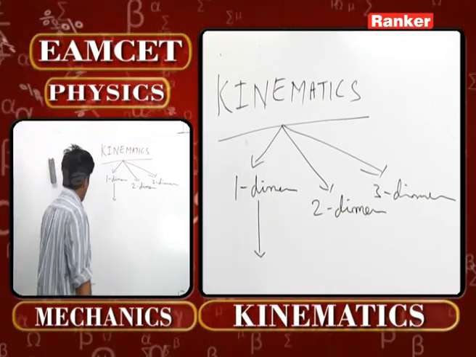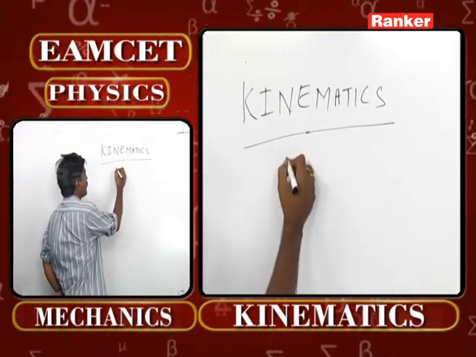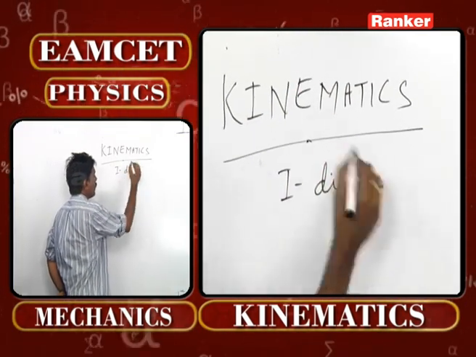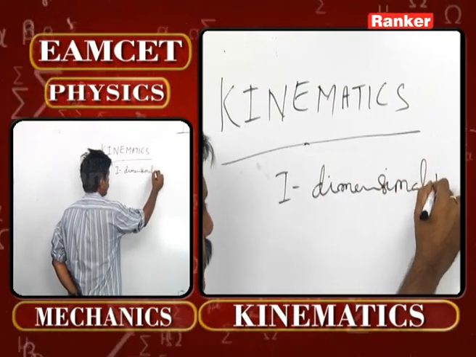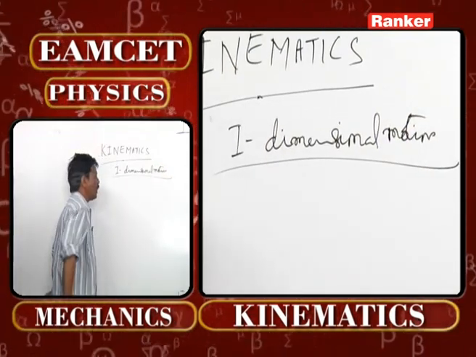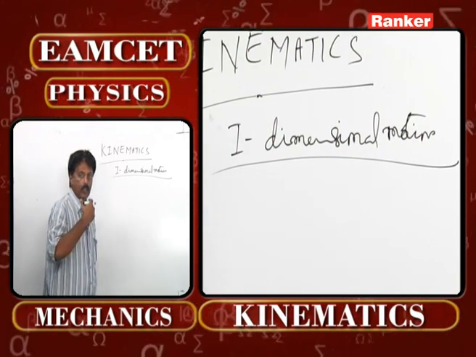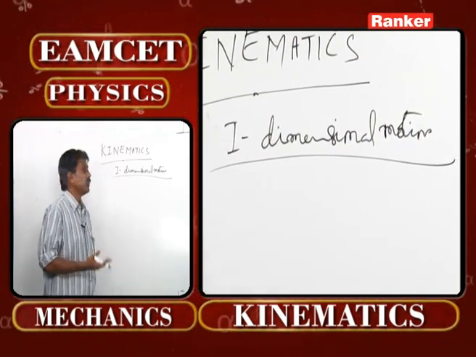Now, before going into the details of these things, first let us study only one-dimensional motion, or 1D motion. One-dimensional motion is, as I told you, the motion of an object only in a single direction with respect to time.